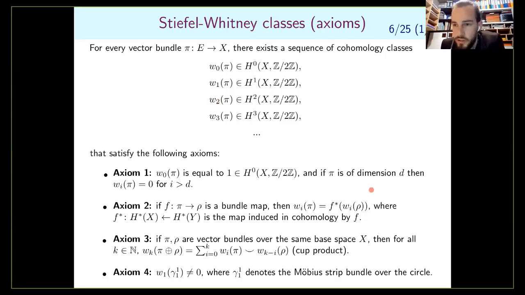I won't read all the axioms, but the first one is important. W0 is always equal to the unit of the 0th cohomology group. And moreover, if my vector bundle is of dimension D, if I have vector spaces of dimension D, the Stiefel-Whitney classes are 0 when you pick i greater than the dimension.